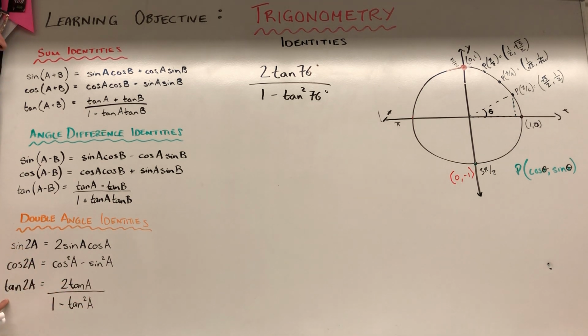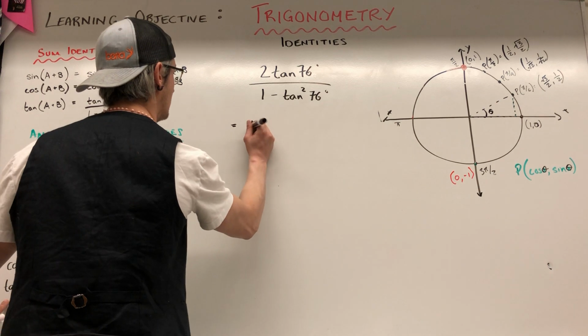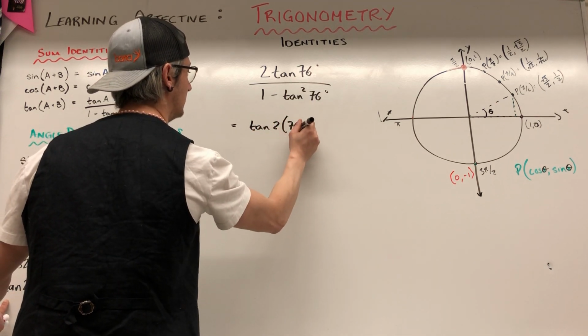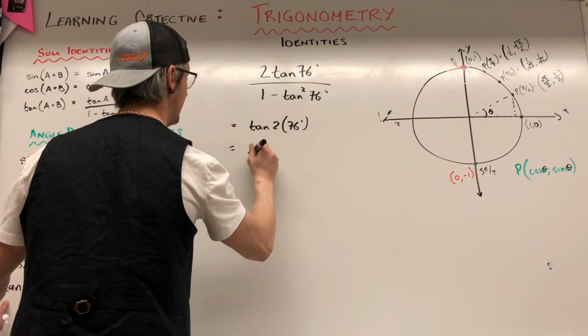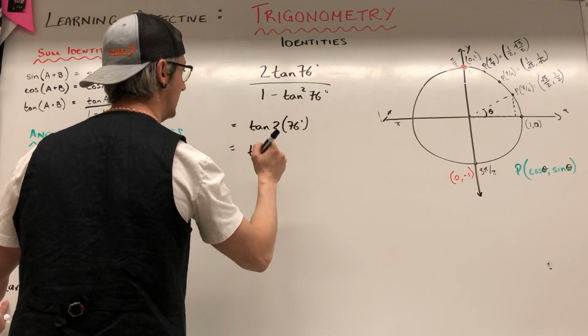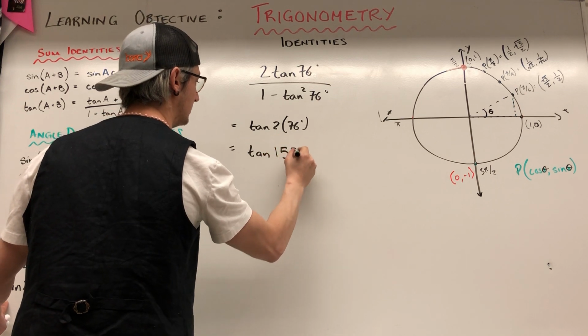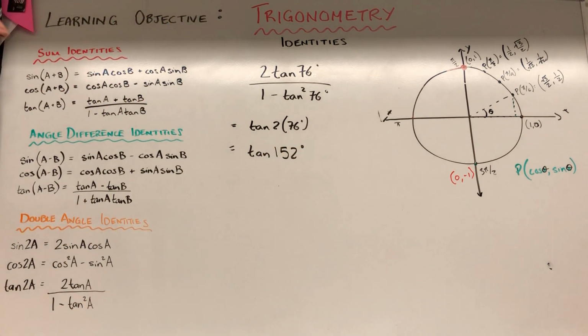So this is equal to tan of 2 times my angle, which is tan of 152. I think 75 is 150, yep, 152. There we go. Did another one. Let's do another one.